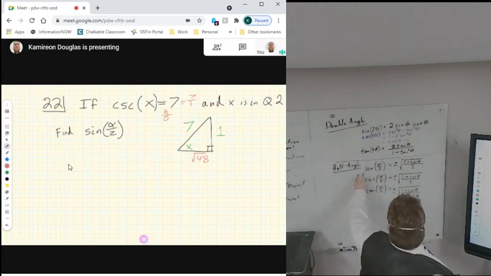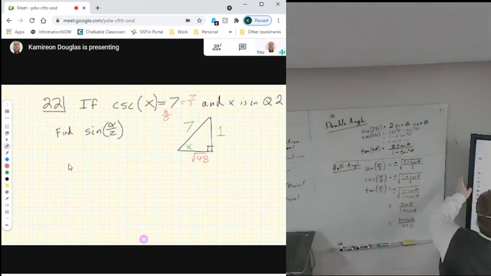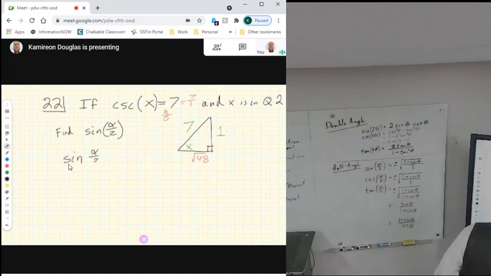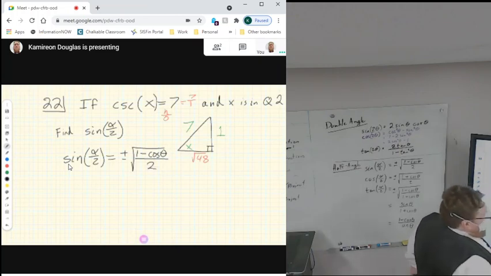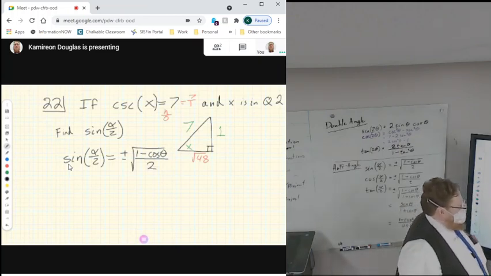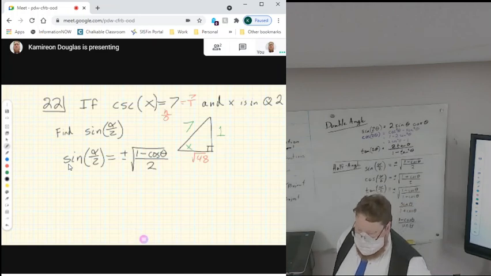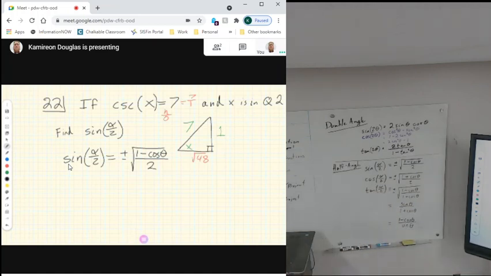According to my formula, sine of alpha over 2 is equal to plus or minus the square root of 1 minus cosine theta, all over 2. Now, why is it important to remember your quadrants?